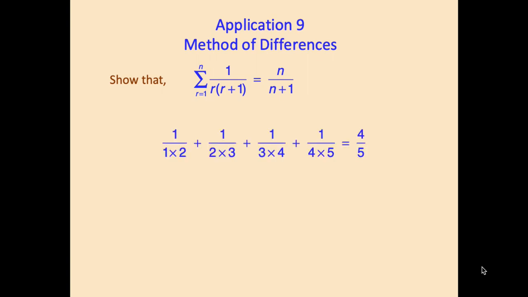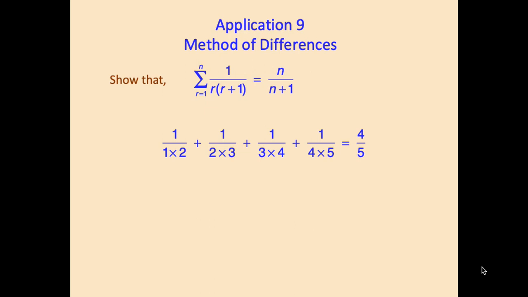If we were to write down the sequence of terms, the series here would be 1 over 1 times 2. That's when r is 1. When r is 2, we get 1 over 2 times 3. When r is 3, we have 1 over 3 times 4, and so on.